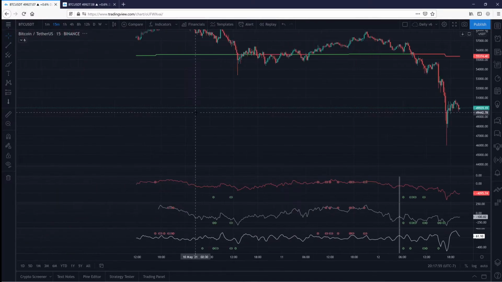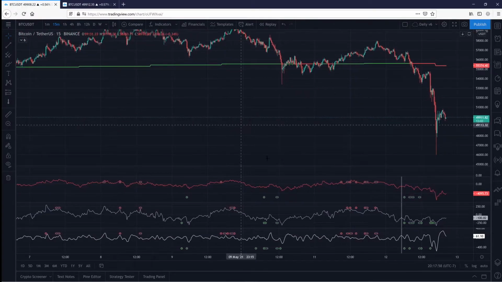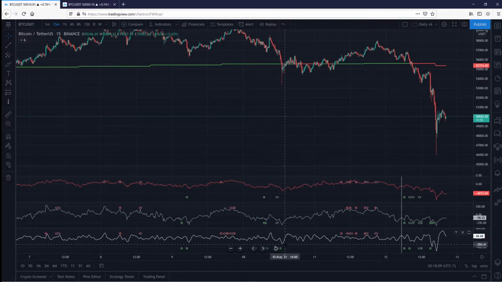This has happened a couple of times in the past. Here was one instance where there was no bullish divergence, because in the next couple of bars after the dip, all the oscillators were trending with price. So the rally was really short lived.